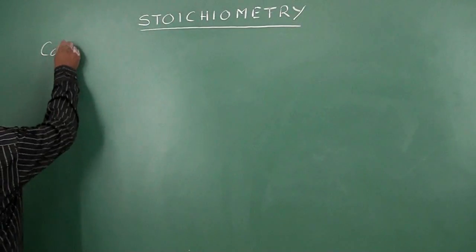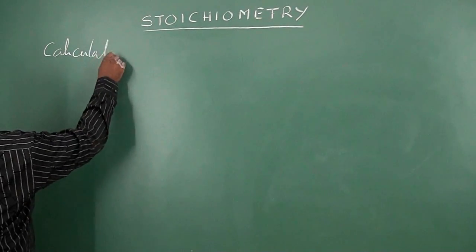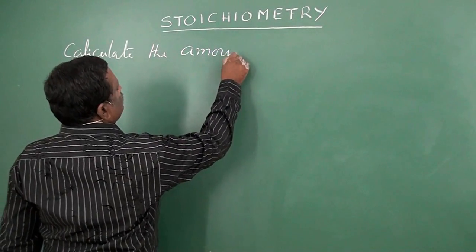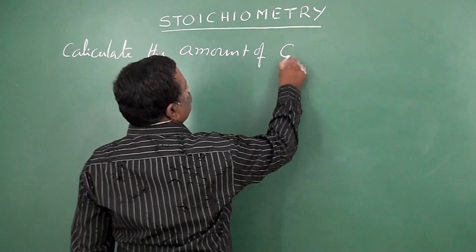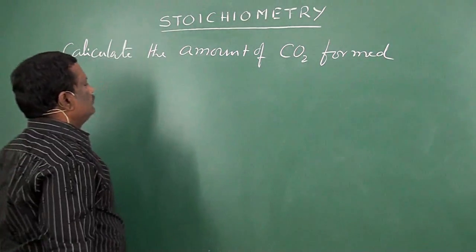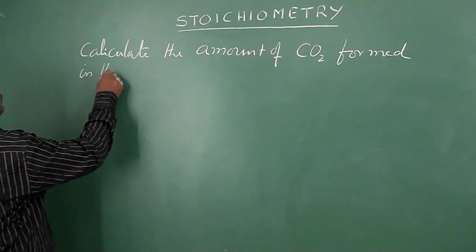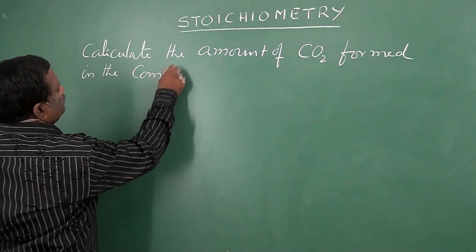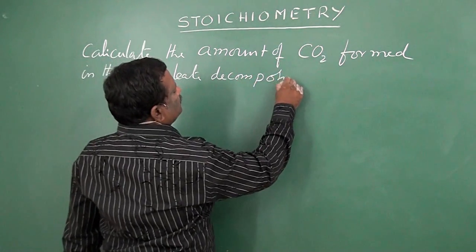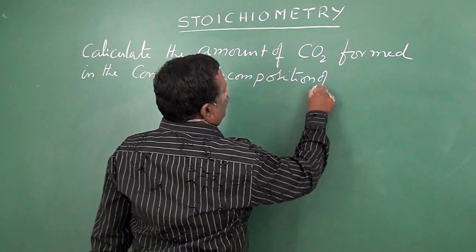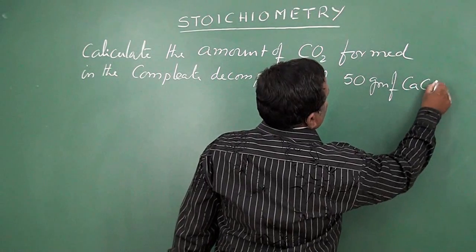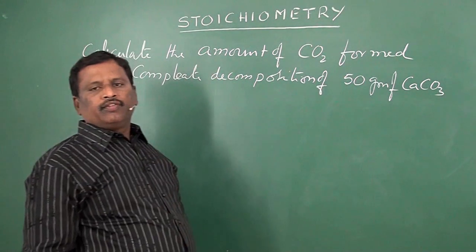Calculate the amount of CO2 formed in the complete decomposition of 50 grams of CaCO3.